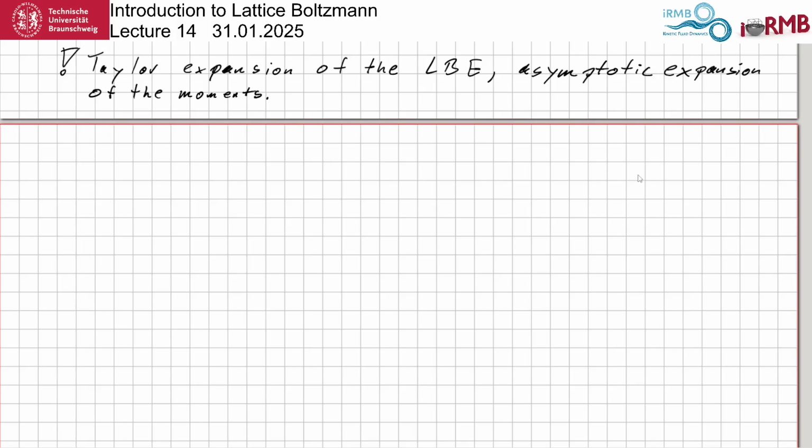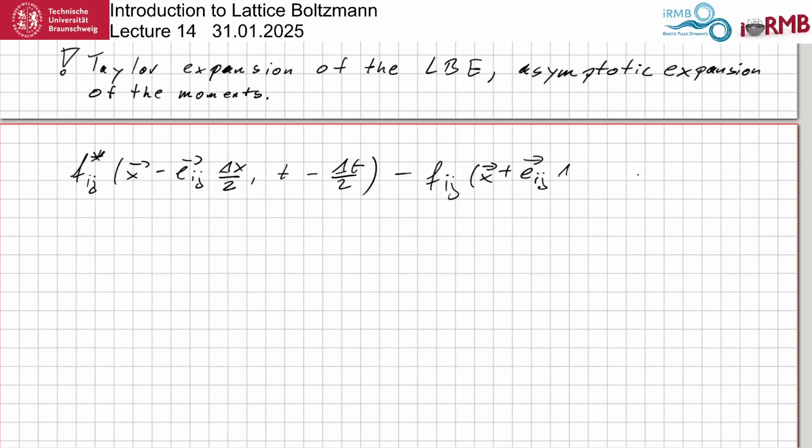So this is what we got after taking the Taylor expansion of this guy here. The Lattice Boltzmann equation, LBE, in 2D is the post-collision state at x minus e_ij, the direction vector of the lattice, times half the grid spacing, at t minus half delta t, minus the pre-collision population at x plus e_ij times half the grid spacing, at t plus half delta t, and this is equal to 0.